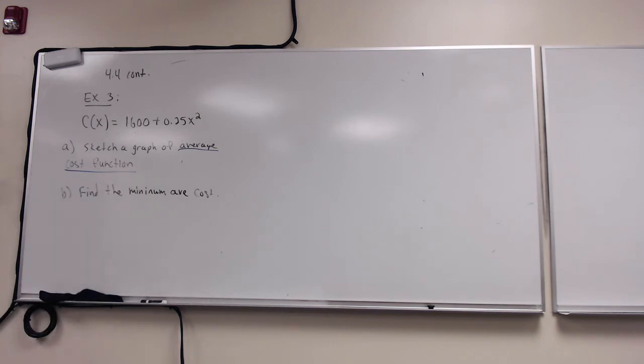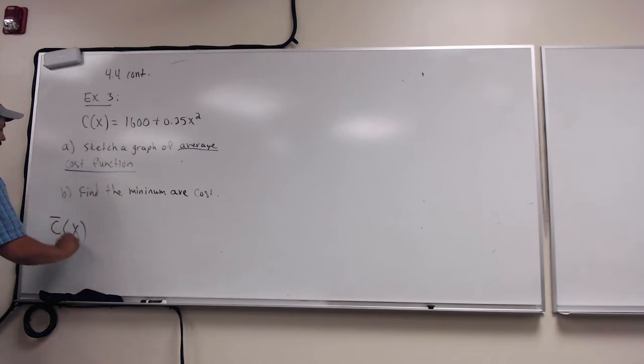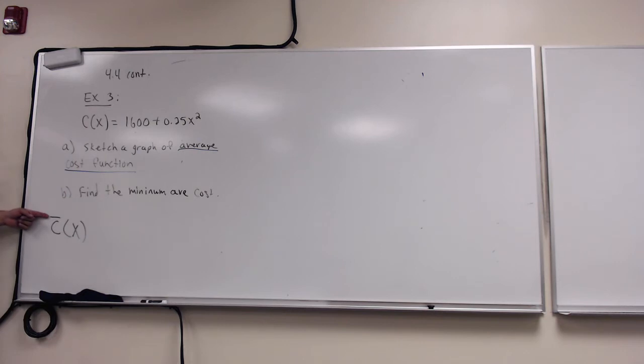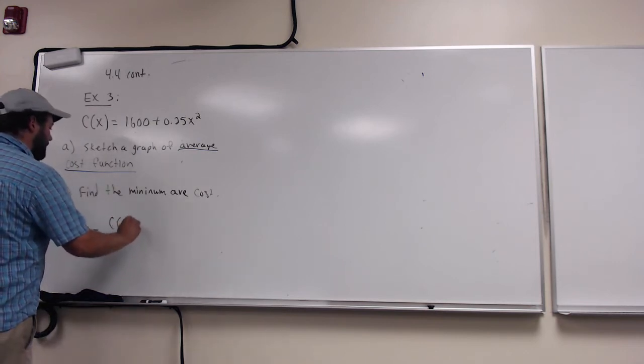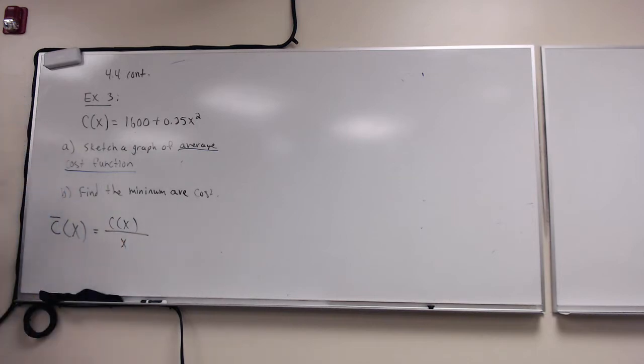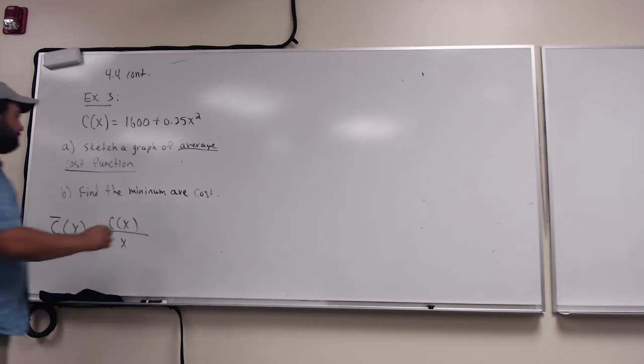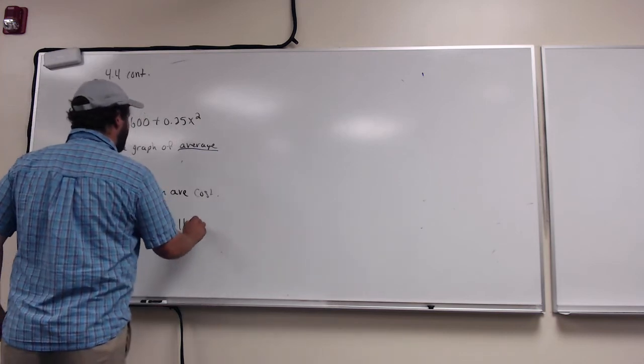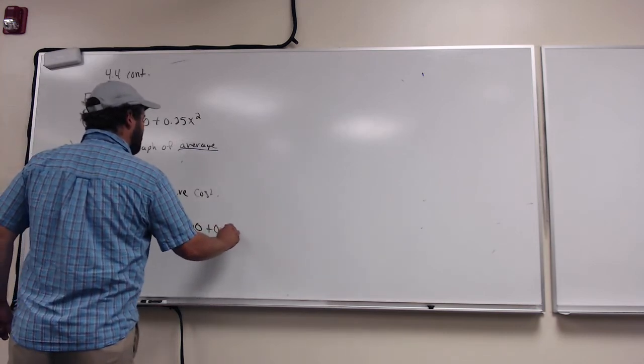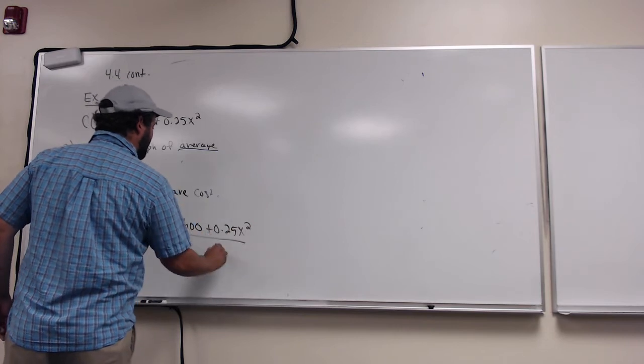Yeah, you take the whole total cost and divide by x. Remember, we put this little bar on top for average. The average cost function by definition is the total cost function divided by the number of units produced. So this is going to be 1600 plus 0.25x squared divided by x.